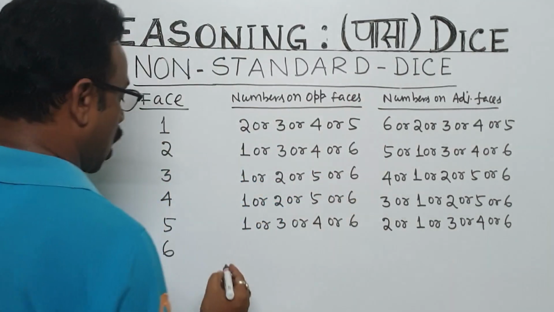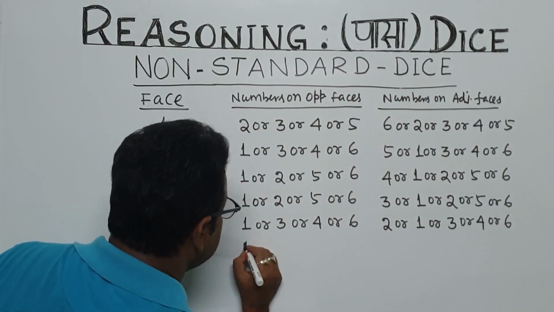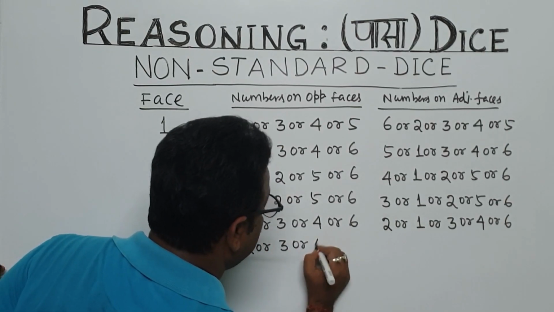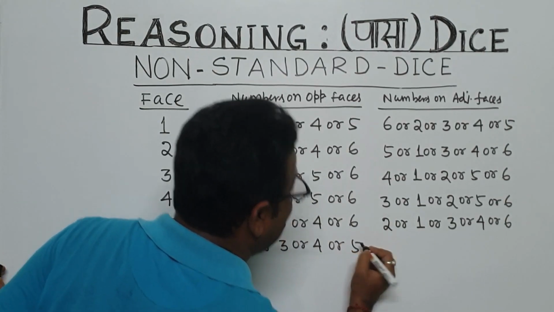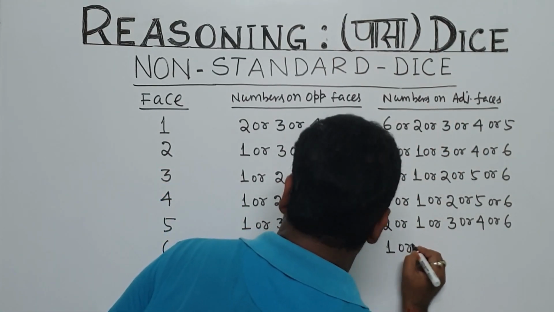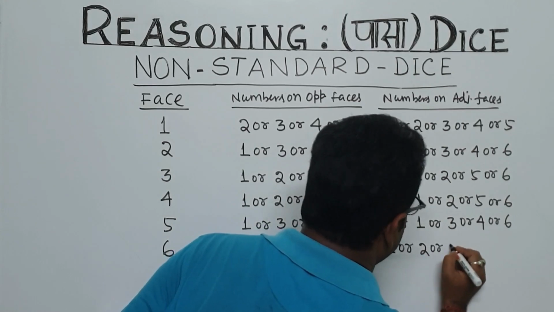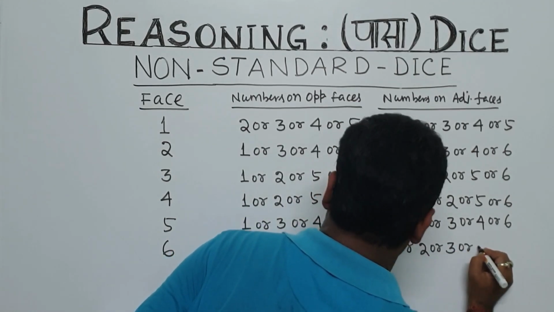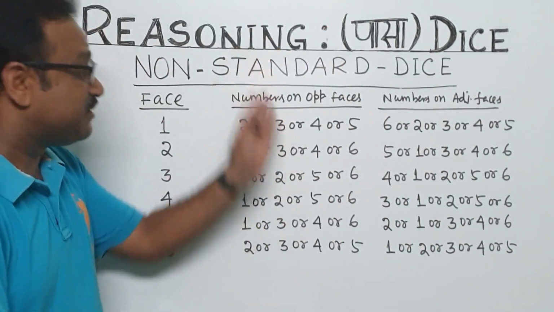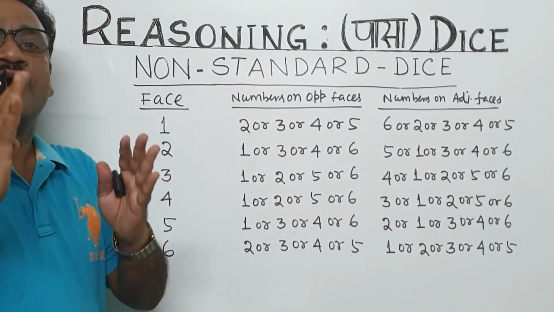Then the number on opposite faces will be 2 or 3 or 4 or 5, and on adjacent faces 1 or 2 or 3 or 4 or 5. This is given as a model for you to remember.